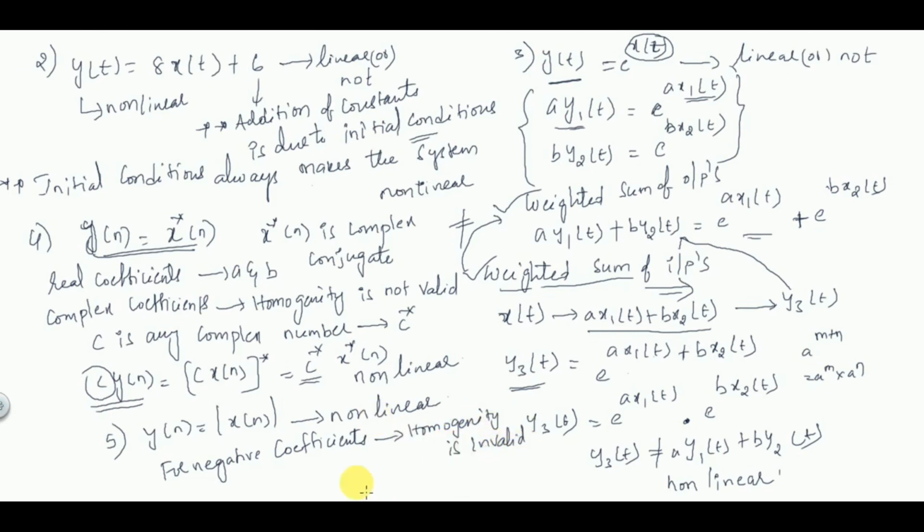That means if you multiply the input by -1, the output should also be multiplied by -1. So if I take the negative coefficient -1 into y of n, it will be modulus of -1 into x of n. The modulus makes this -1 positive, so it will be x of n. That means the input is multiplied by a negative number and the output is multiplied by a positive number. Therefore, the homogeneity principle is again invalid. So it is a non-linear system.